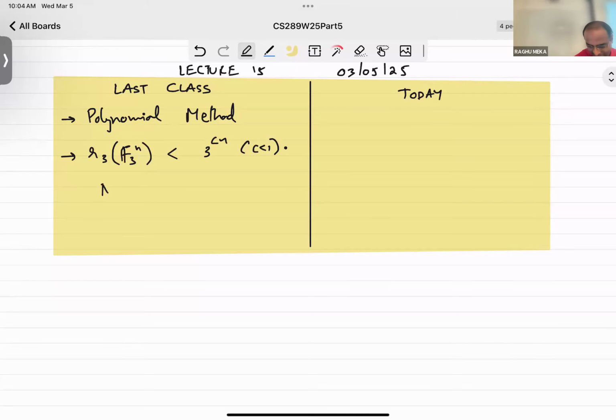So if I let capital N equal 3 to the n, then this is saying that R3 of this number is less than n to the c, where c is less than 1.